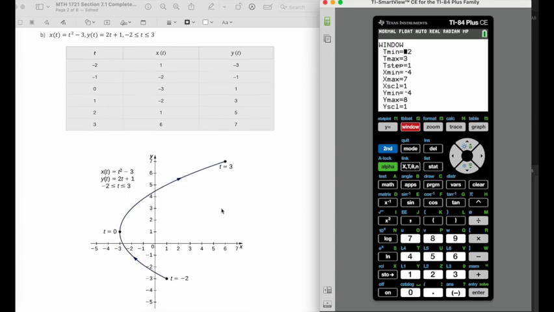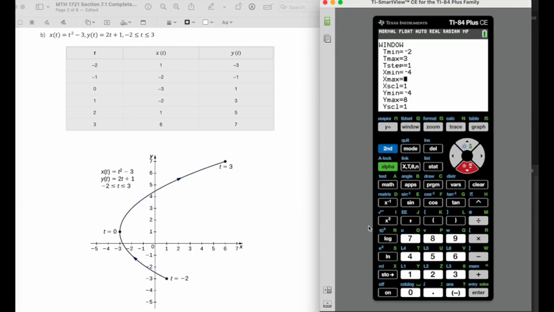For my x min, let's put in, let's say -4. Oh, that's already there. And then for our x max, let's go out to 7. And let's do that on a scale of 1. And then for our y min, let's go from -4 up to 8 on a scale of 1.